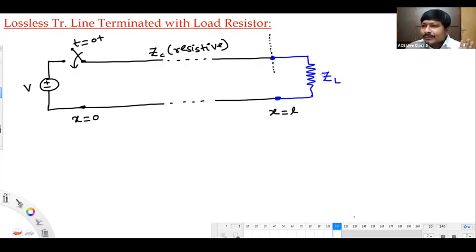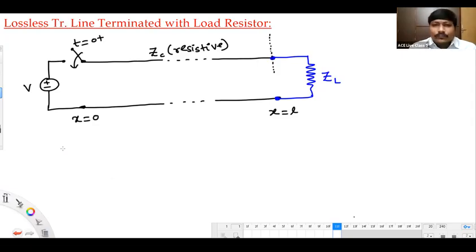In a similar way, what's the definition of ZL? This will be again the same. It's a property of the load, which causes the conversion of voltage to current, current to voltage. Maybe you can say characteristic impedance of the load.